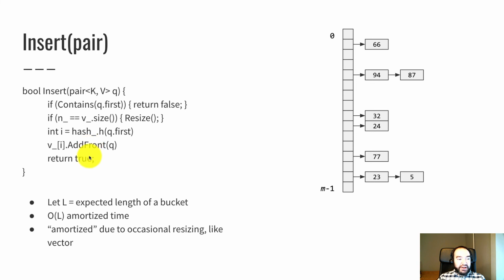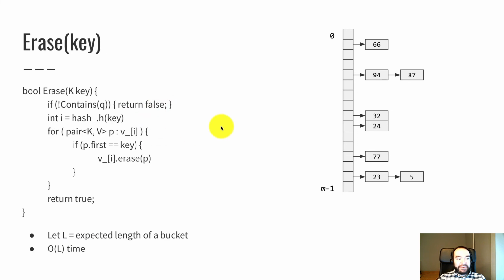So altogether, this thing is big O of L time. The bottleneck is the contains operation, which takes big O of L time. And then this would be amortized constant time, kind of the same thing as adding to a vector. Adding to the front of the linked list is constant. So it's big O of L amortized time. And the amortized tag goes in there due to the occasional resizing, just like a vector.